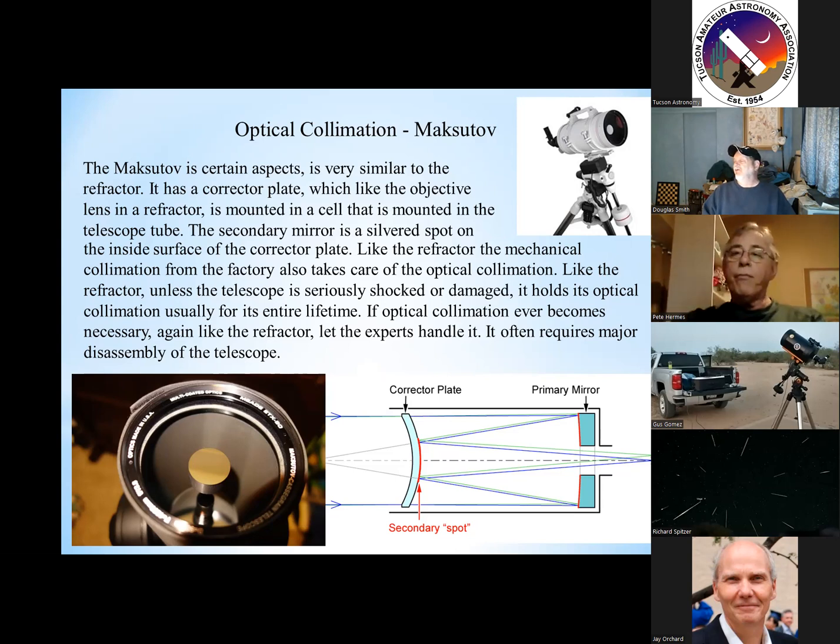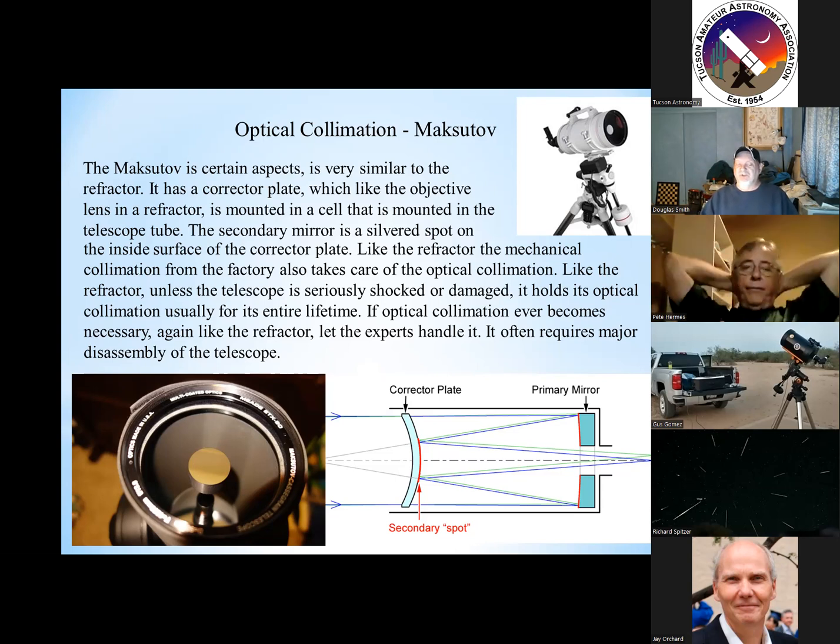I had to take it into Stellarvision and let Frank get in there to the guts and recollimate it, because I did something rather dumb. I didn't drop it, but I left it outside during the summer in a sealed container exposed to the sunlight. And the heat did something to it to where it was out of collimation.